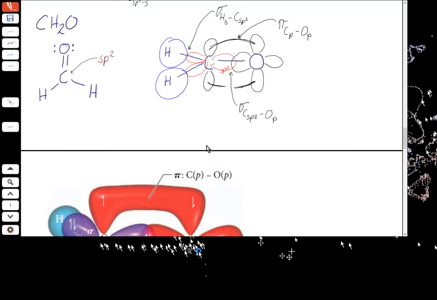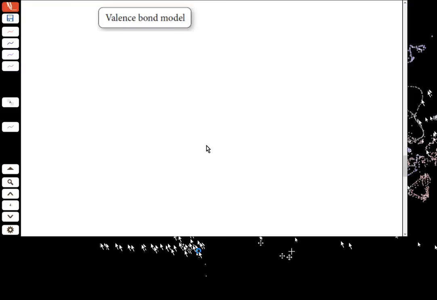So a couple other things about valence bond theory. One is we can extend this, again, to other types of molecules. Actually, that's not a great example. Let's not do that one. If we looked at C2H2, we would draw a Lewis structure like this.